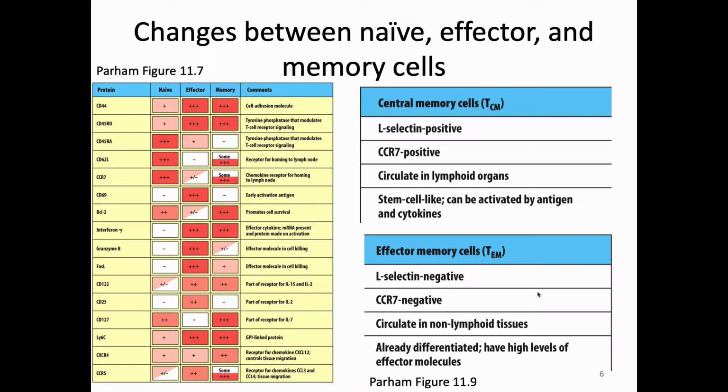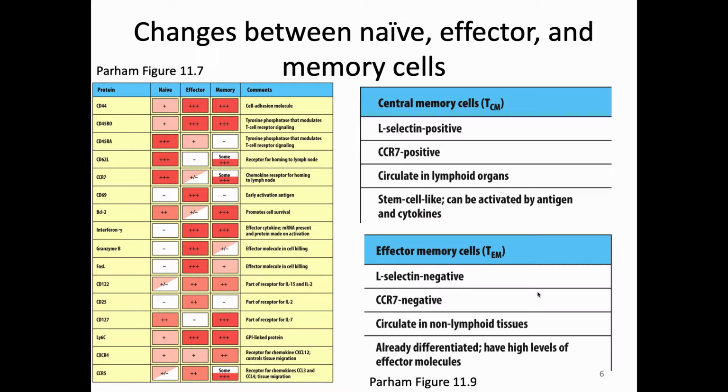You can also see that memory cells have some special proteins like CD127. CD127 is a fancy term for the IL-7 receptor alpha chain. Way back when we talked about T cell development and B cell development, I told you that IL-7 was an important survival factor to keep developing B cells and T cells alive before they had a B cell receptor or T cell receptor.